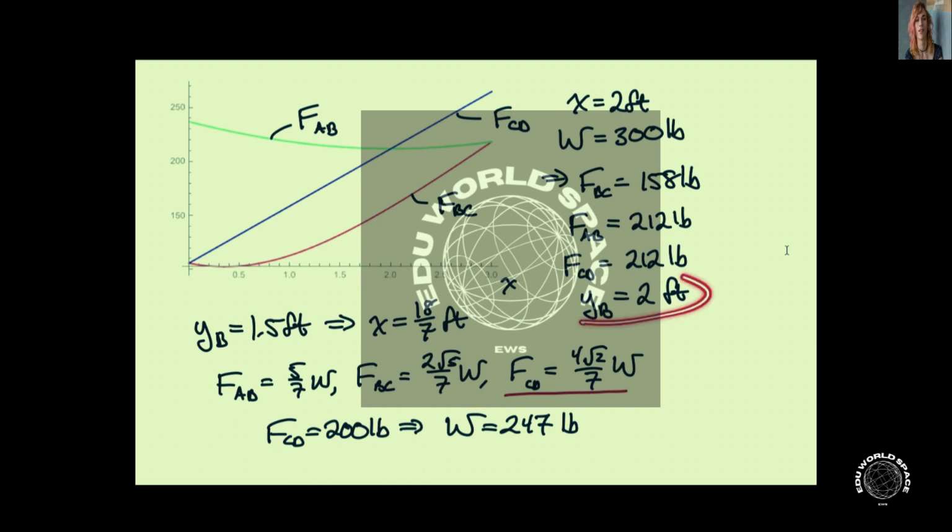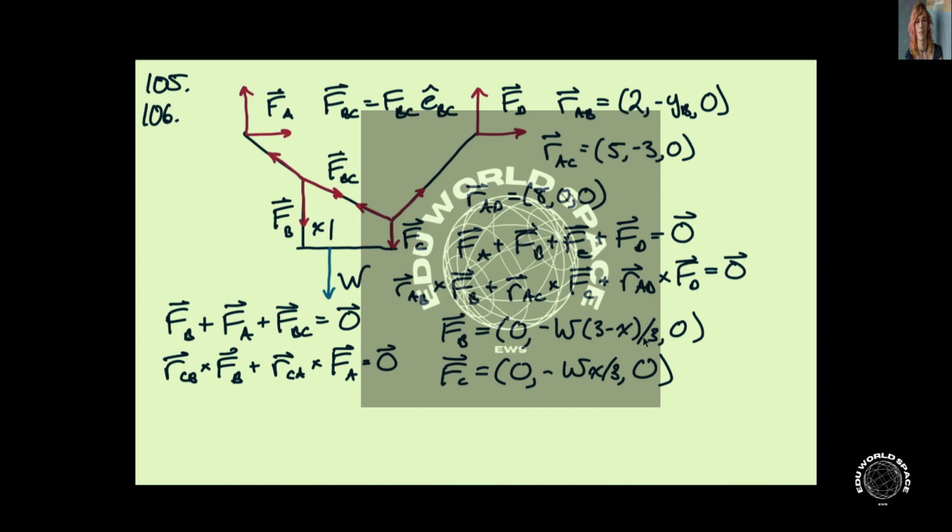We can also find, when we put x equals 2, that, although I didn't plot it, we could plot YB as a function of x. But if we plug in x equals 2 and solve, we'll get that YB is also 2 feet. Now in problem 106, we're given YB, and given YB, we have one less unknown here.